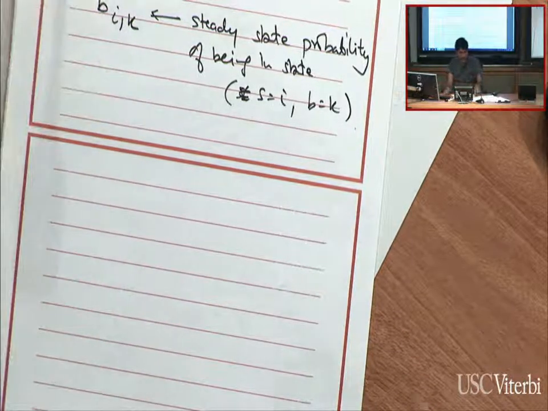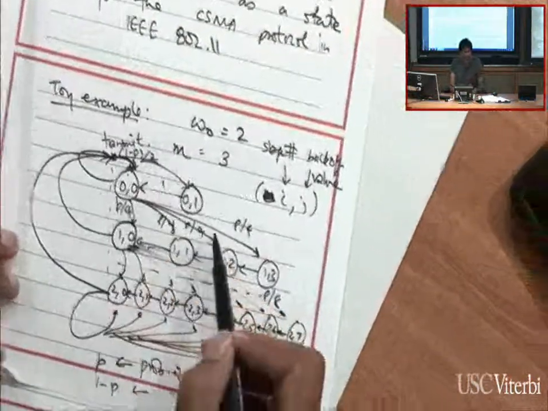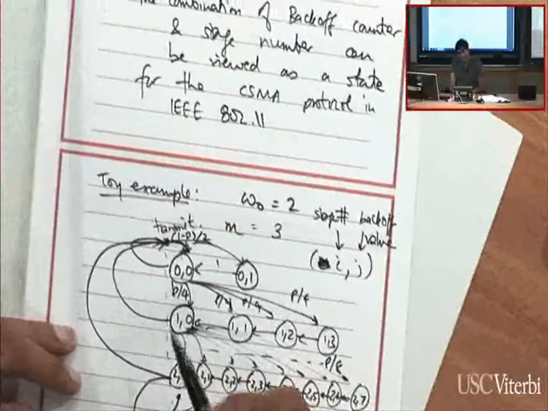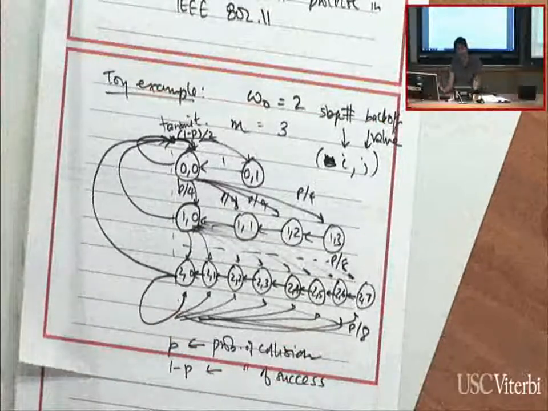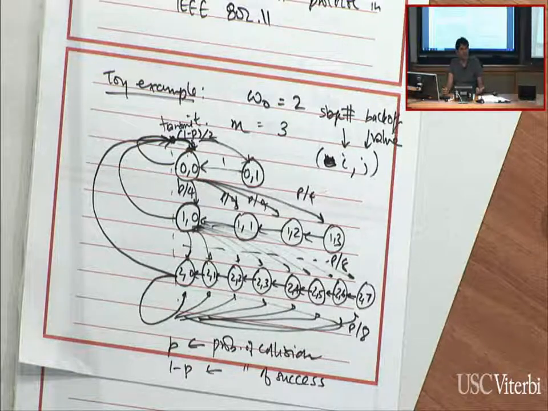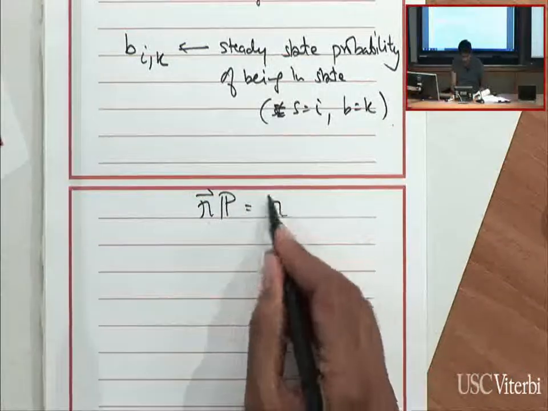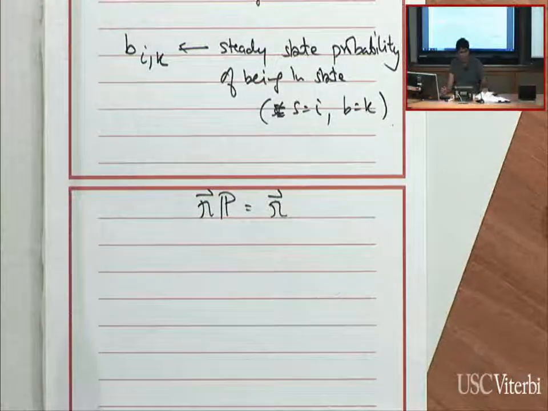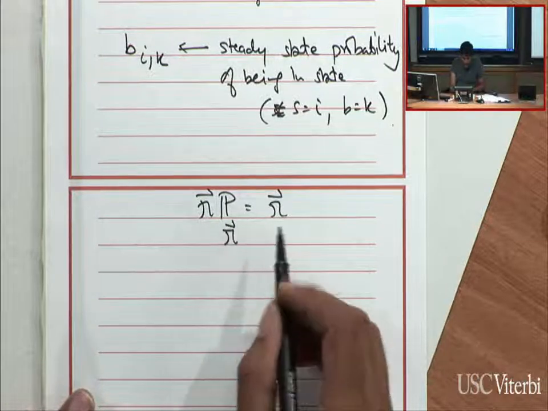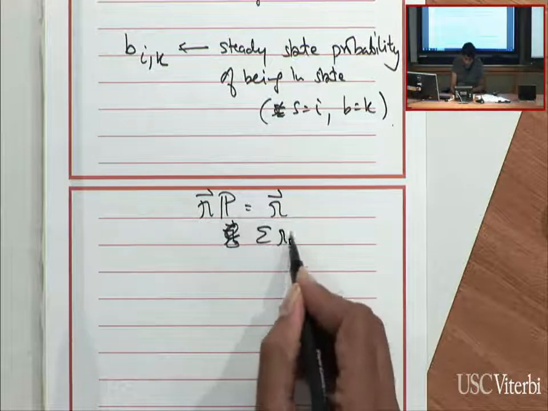And if you take this Markov chain, you can solve for that steady state probability by, for example, applying the global balance equations, or even the long way around would be to just write out the full P matrix, write out the relationship that the steady state probabilities have with the P matrix, as well as the fact that the sum of all the pi i's must add up to 1.